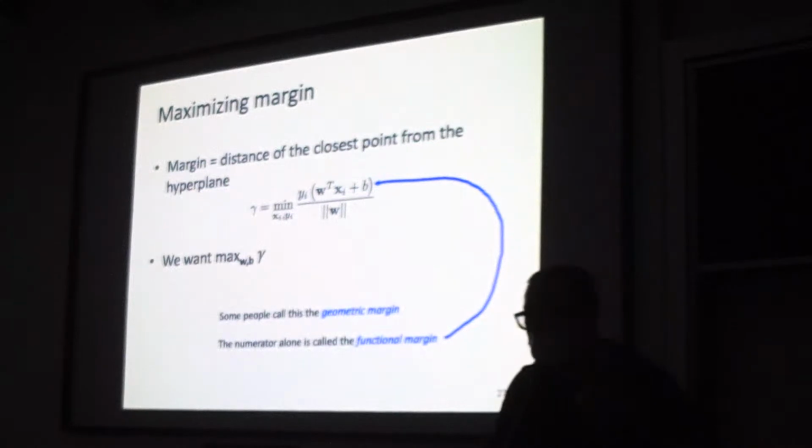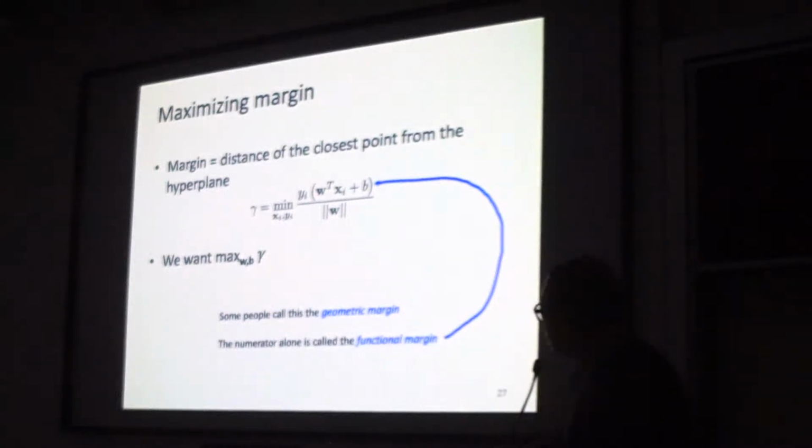If you multiply them by 100, 1,000, 1 billion, or 10 to the minus 3, they all correspond to the exact same hyperplane that separates the examples.